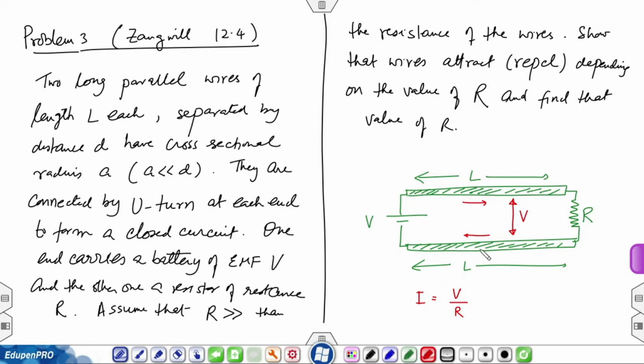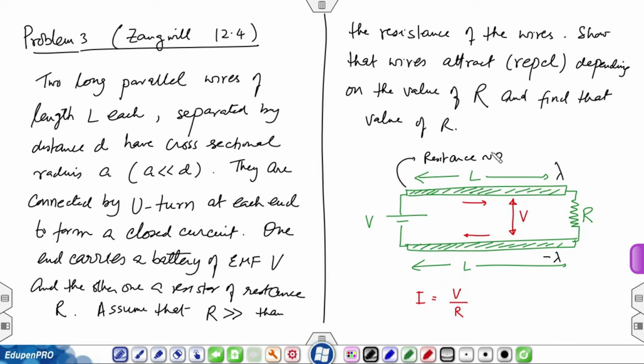and this is going to be created by some linear charge lambda on the higher potential side and minus lambda on the lower potential side, like in a capacitor. The potential is going to be same throughout, because we have assumed that the resistance is almost negligible. So, there is no potential difference across these thick wires.